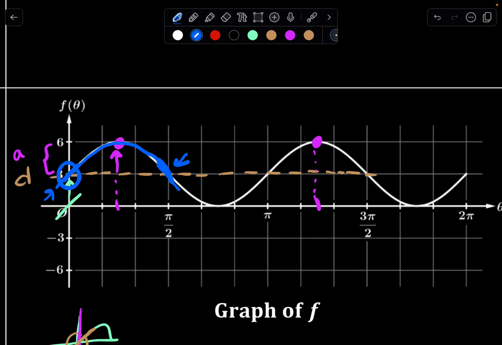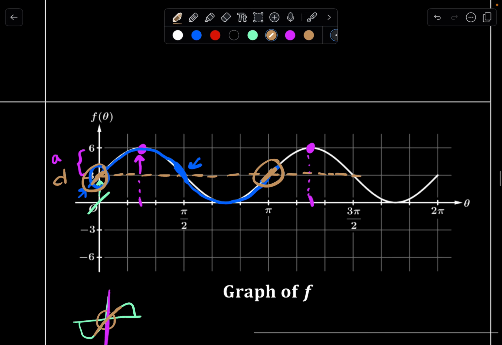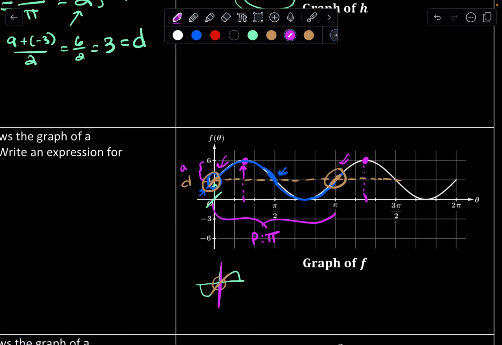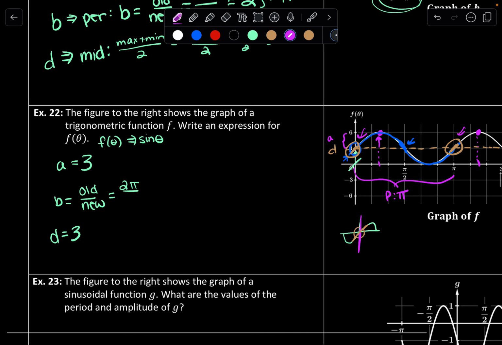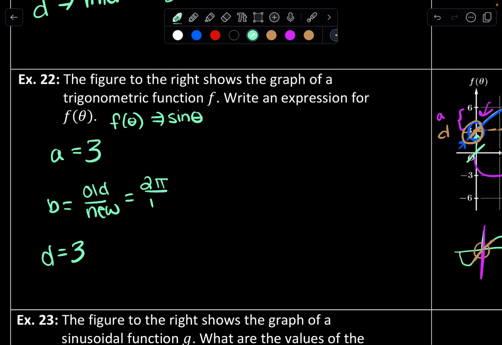So I'm going to continue through, and now I see that event occur again here. So at 0 and at pi, I see the same event occurring. We're passing through the midline, and it's increasing. Therefore, the period for this sinusoidal curve is going to be pi. It took a pi before I saw the same event occur again. So my new period is pi, therefore we'll have 2 pi over pi, which is equal to 2 again.